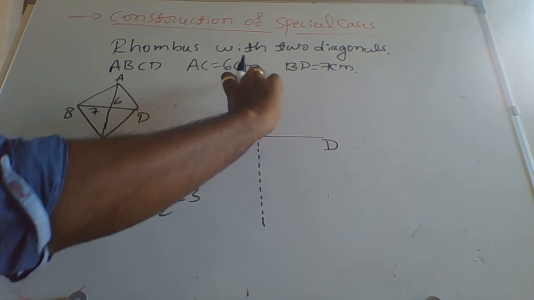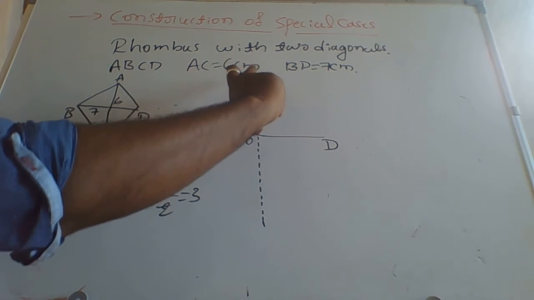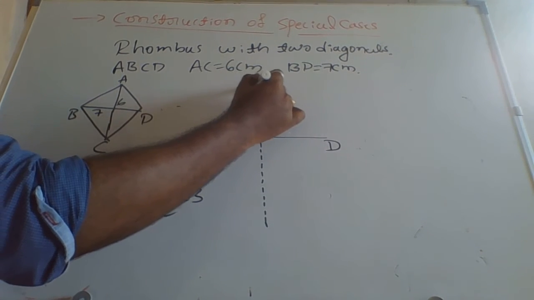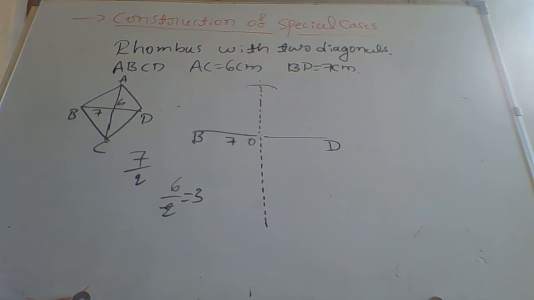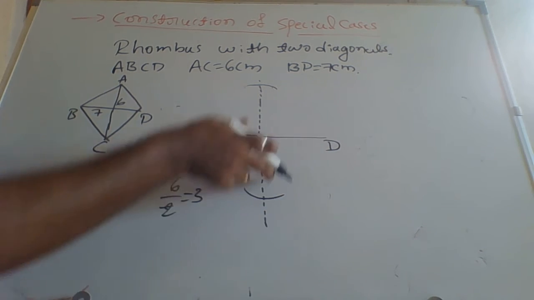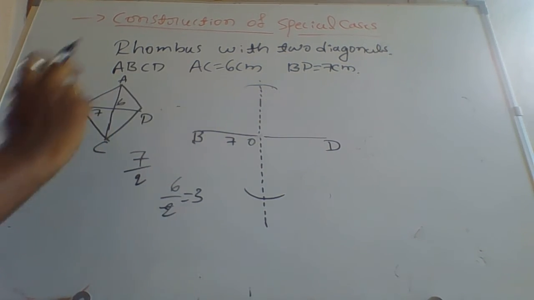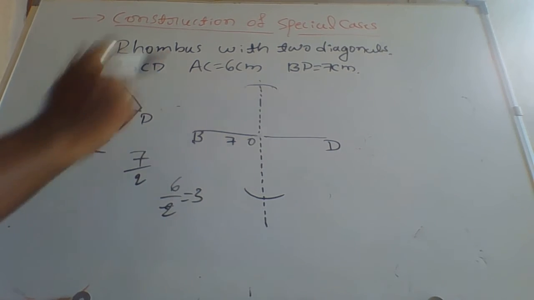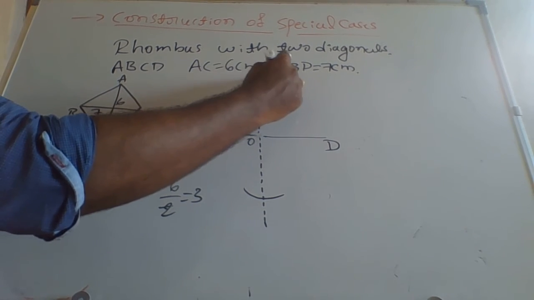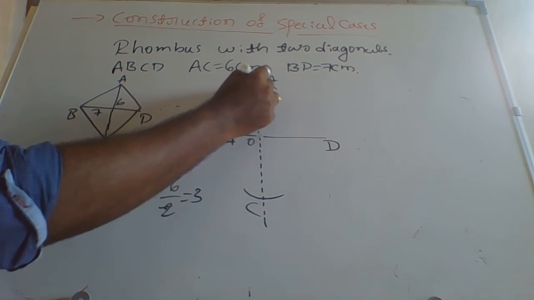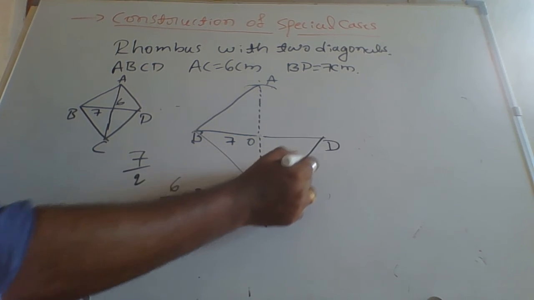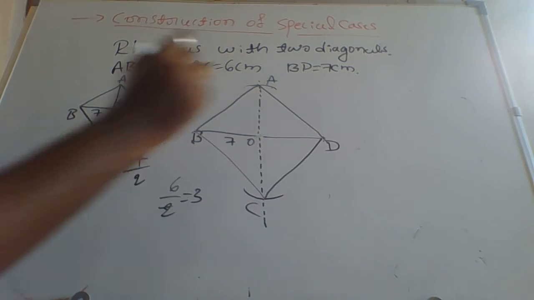On the opposite side also you can draw an arc, keeping the needle of the compass on point O. Now you got the points A and C. Now you can join AB, BC, CD, AD.